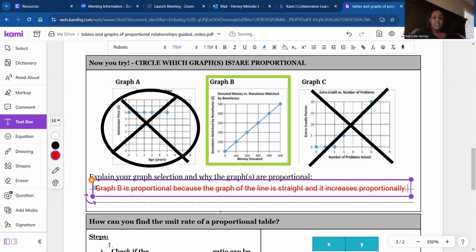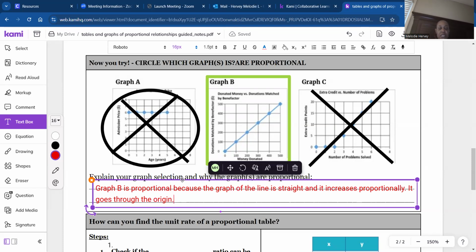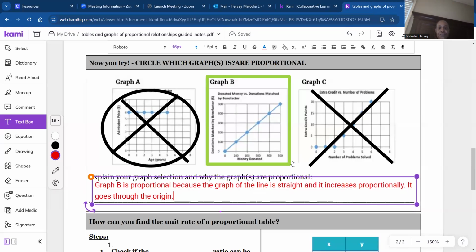So you could say it goes through the origin. Notice how in graph A it is a straight line, so I don't want you to get lost on this concept. Yes, the line is straight, but it's not proportionally straight, meaning as one is increasing, the other is increasing as well. So I just wanted to emphasize that point.